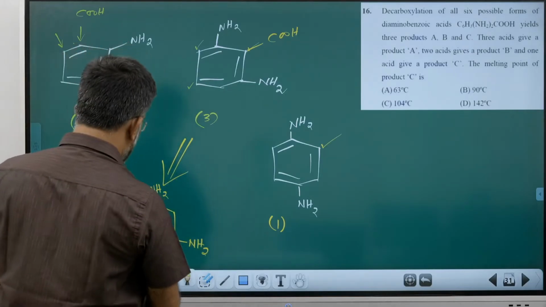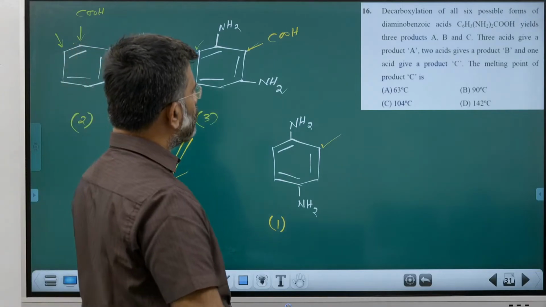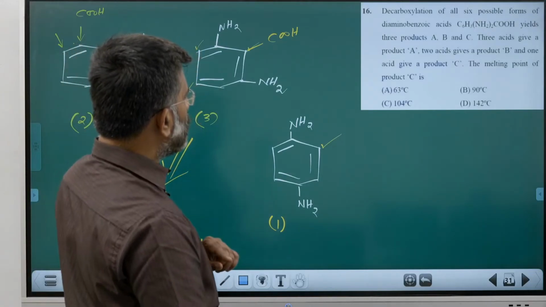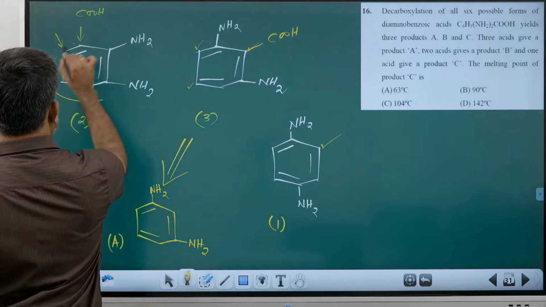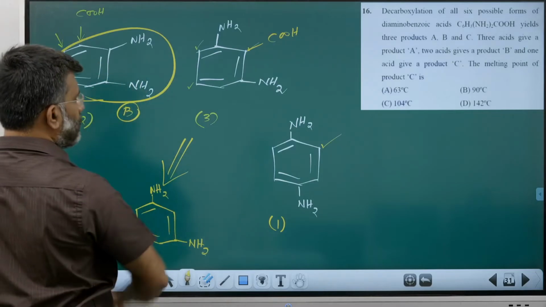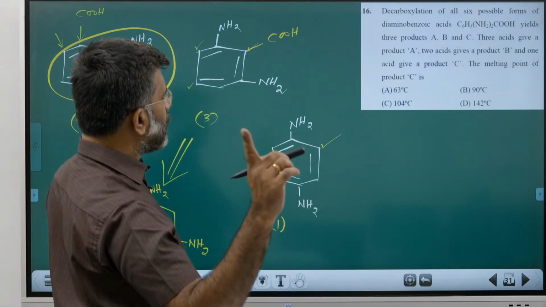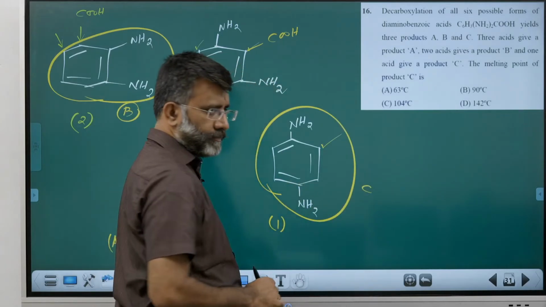This is compound A. Now, 2 acids give product B. So, this is A and this is product B. And 1 acid gives product C. So, this is product C.